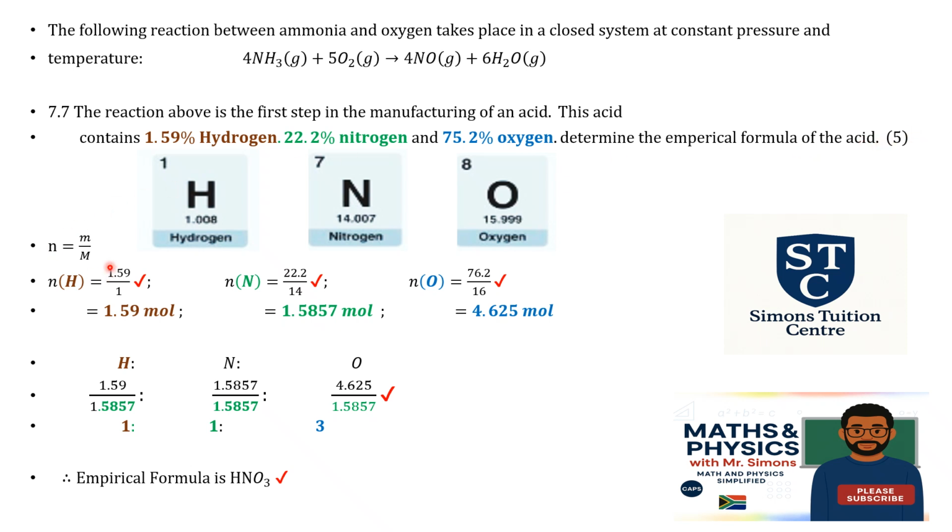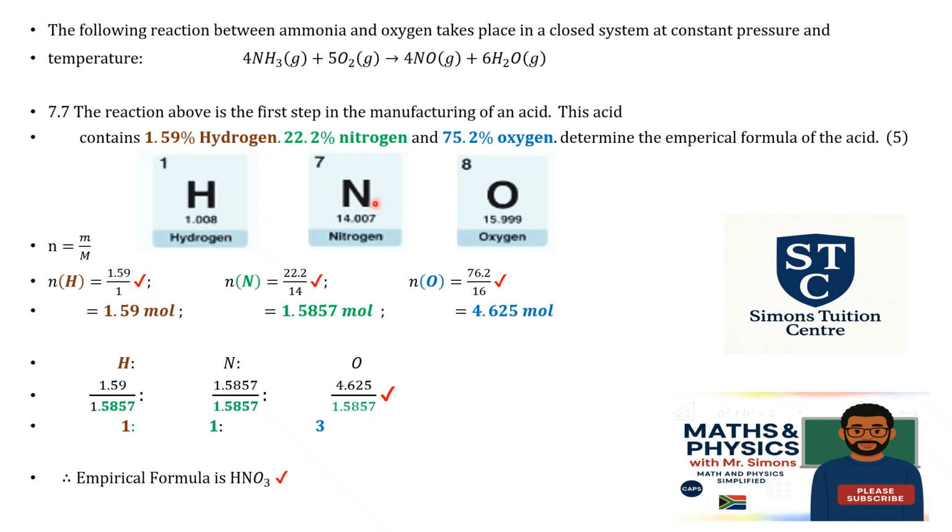Right, so using n equals mass divided by molar mass. For hydrogen, we have 1,59%. This percentage adds up to 100, so we're going to change percentage to gram. So that becomes 1,59 gram, 22,2 gram, and 75,2 gram. Molar mass for hydrogen, rounded off to 1.